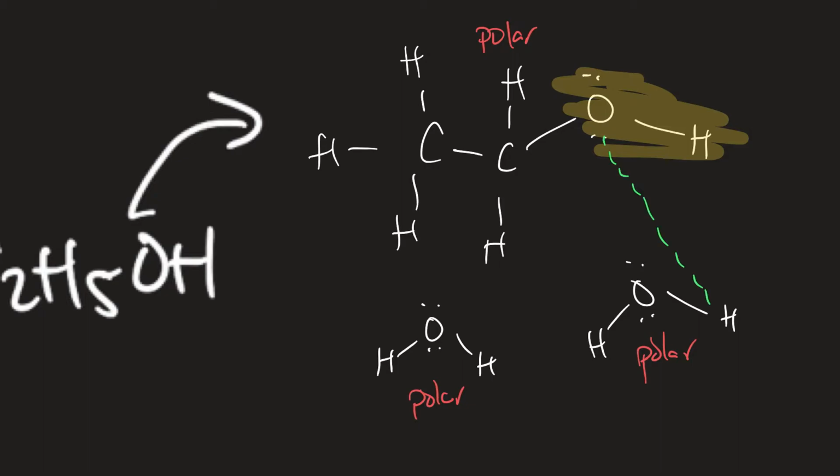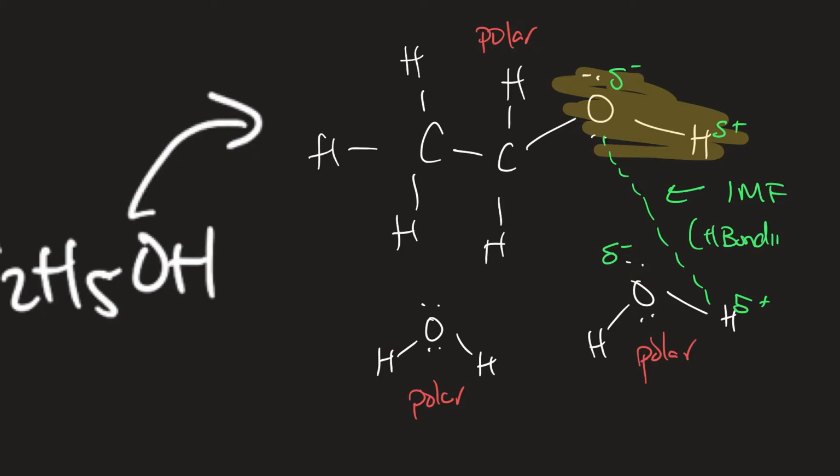Well, it's through intermolecular forces. We know oxygen is slightly negative, hydrogen is slightly positive. So it's through this intermolecular force that the alcohol and the water are attracted to one another. The attraction specifically in this case is hydrogen bonding.